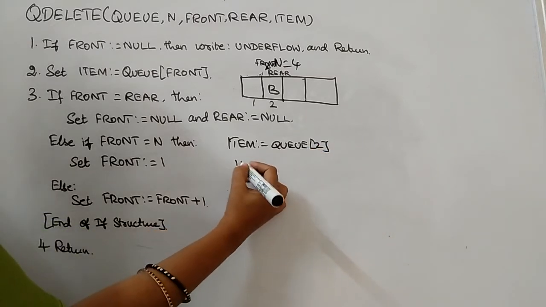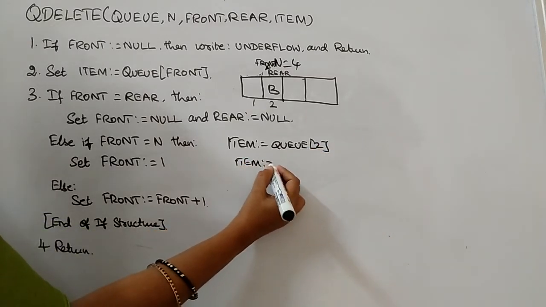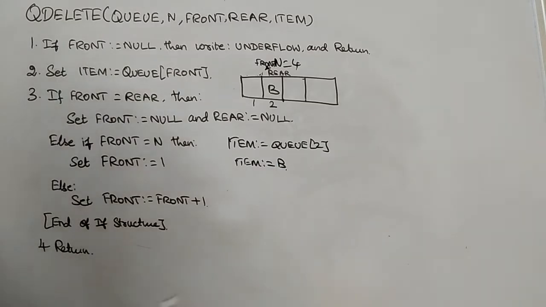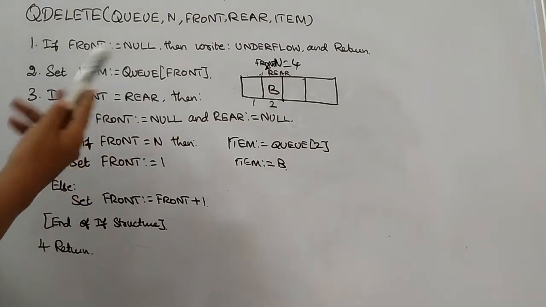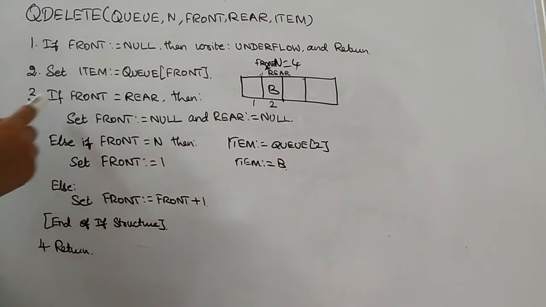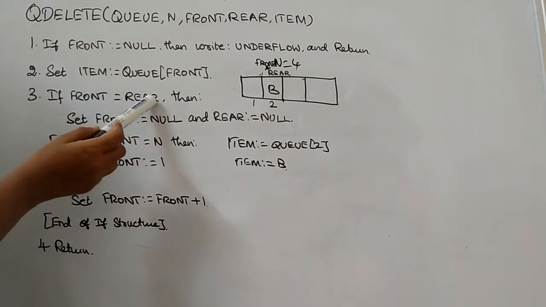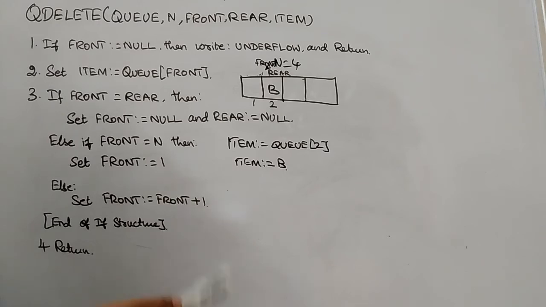It means item colon equal to B. Then what I am going to do here is change the pointer. For that we move to step 3, in which I check whether front is equal to rear or not.